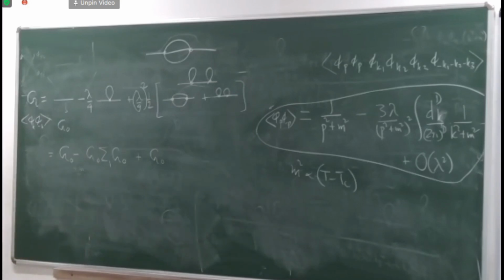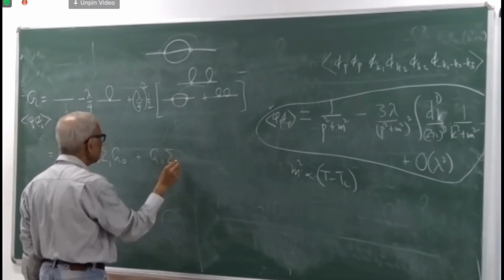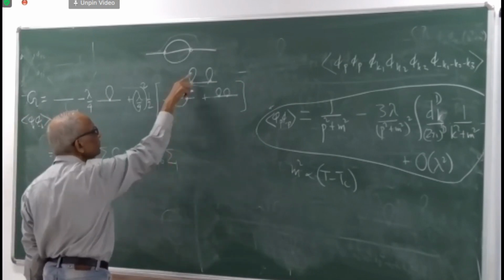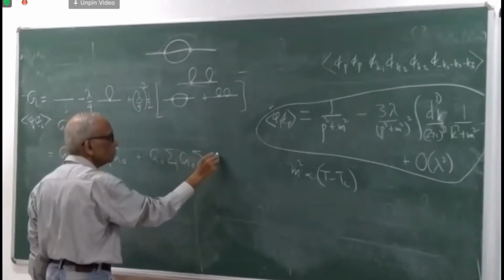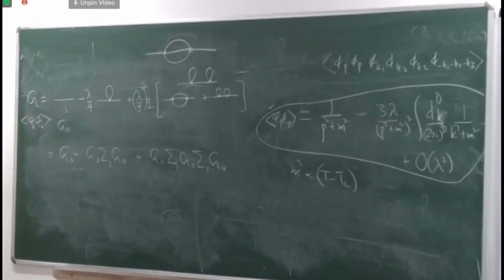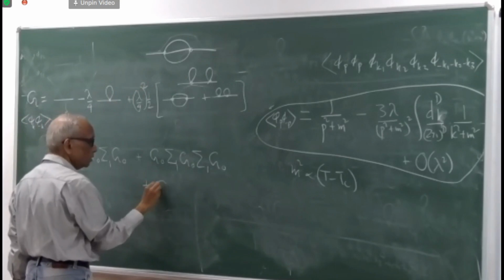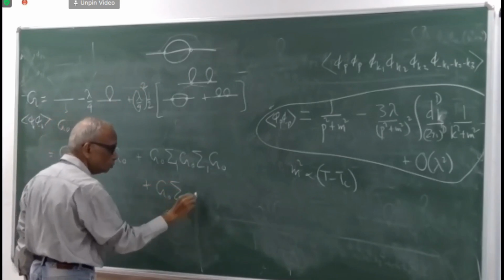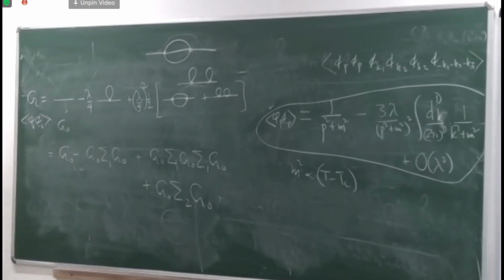So that is G0, G0, G0. So it is sigma 1, I mean, this is G0 sigma 1 G0, sigma 1 G0, sigma 1 G0. But this one is G0 sigma 2 G0.